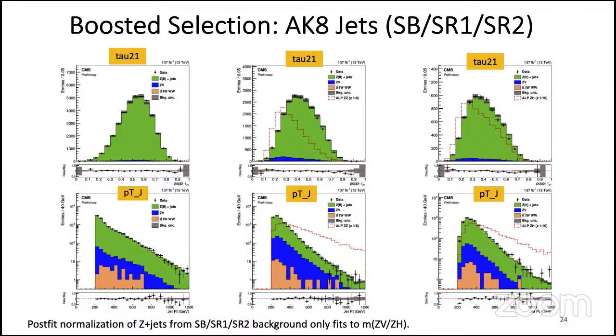Some distributions of variables that are involved in the boosted selection, the ratio of tau 2 to tau 1 for sidebands, signal region 1 and signal region 2. And here also we have a very good agreement between our prediction and the data.